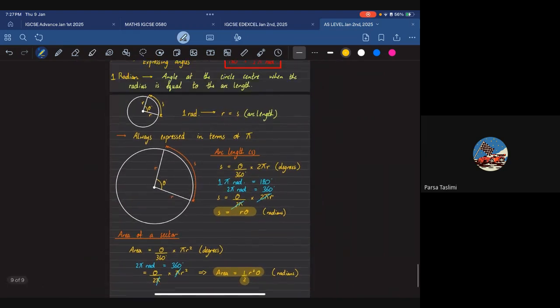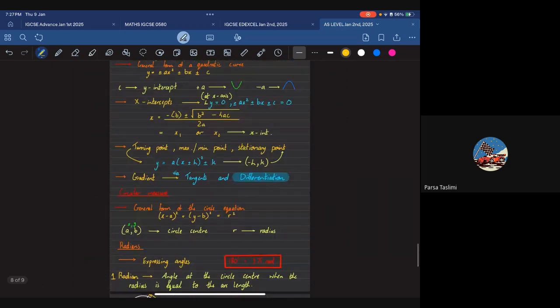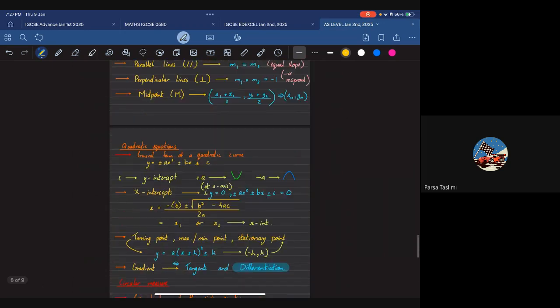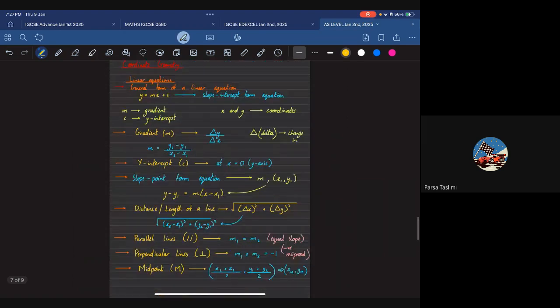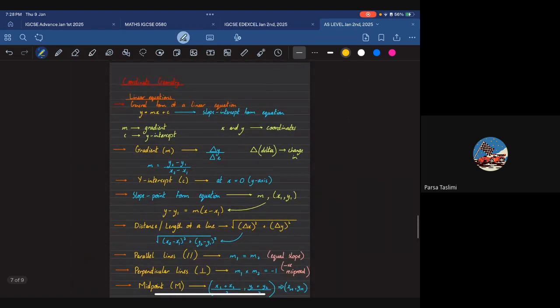Keeping this in mind, this wraps up your coordinate geometry. The radians go more into trigonometry, which is why I've specifically said that this wraps up coordinate geometry.